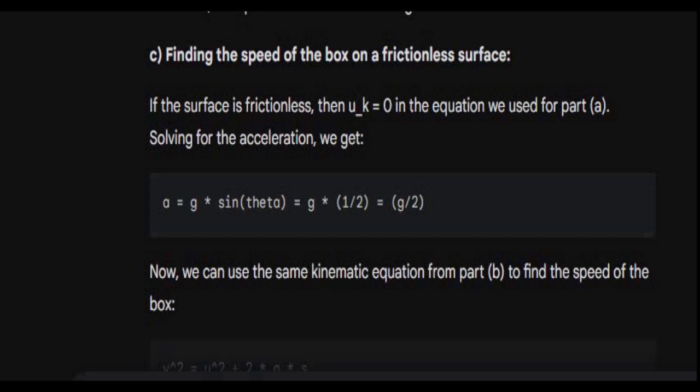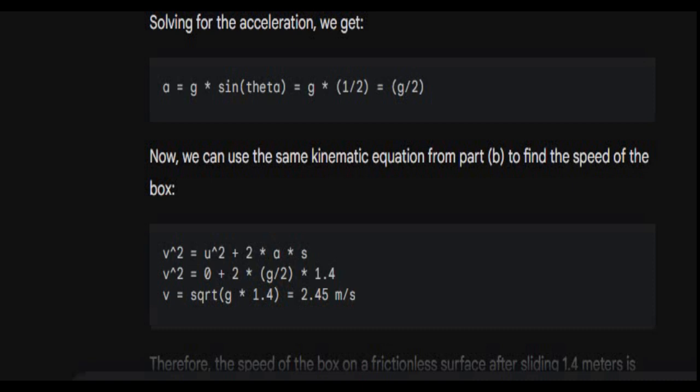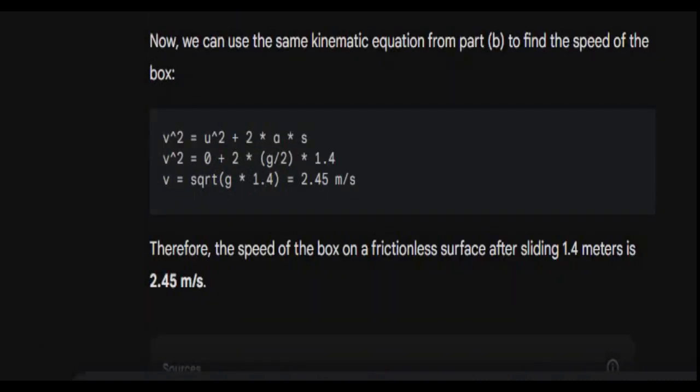C. Finding the speed of the box on a frictionless surface. If the surface is frictionless, then μ_k = 0 in the equation we used for part A. Solving for the acceleration, we get a = g sin θ = g × 1/2 = g/2. Now, we can use the same kinematic equation from part B to find the speed of the box.